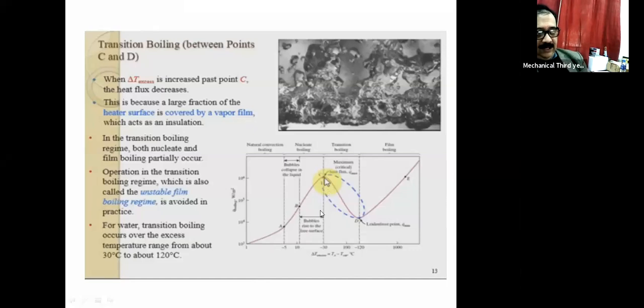Towards this side you may find nucleate boiling, and in this part film boiling, and this process goes on. This zone is also known as unstable film boiling. It's a transition zone, and for water it occurs at a temperature difference of 30 to 120 degrees.